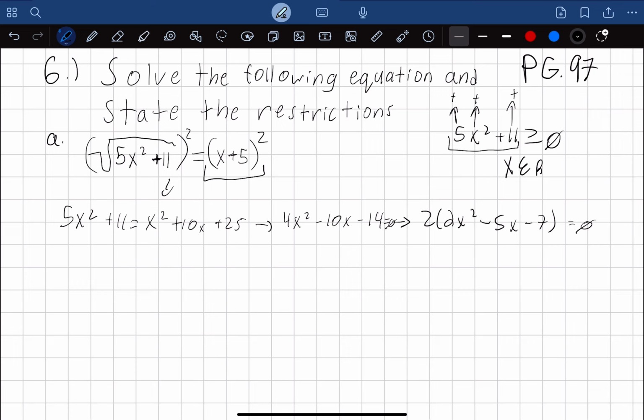Okay, so now it's just simple factoring. So it turns into decomposition. So 2x squared minus 7x plus 2x minus 7 is equal to 0.